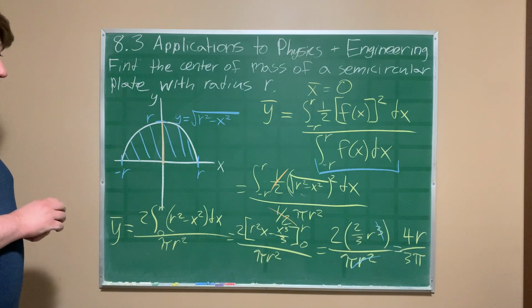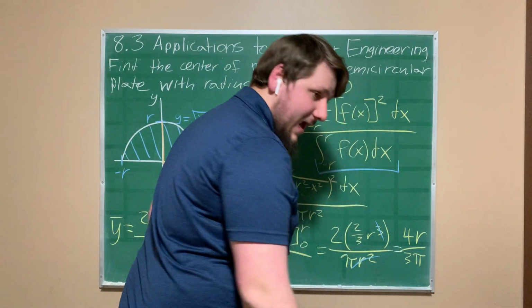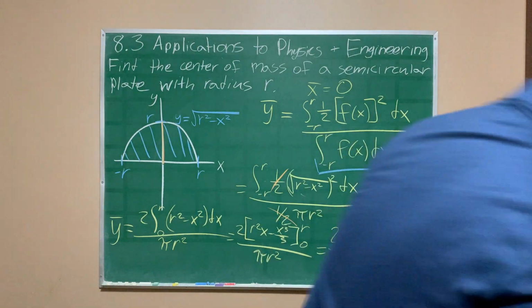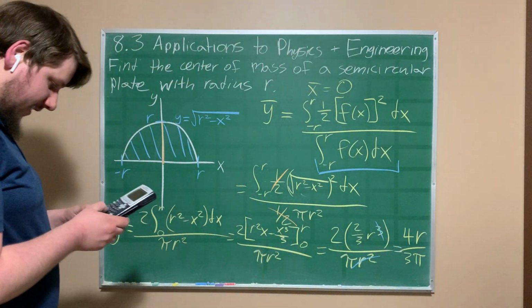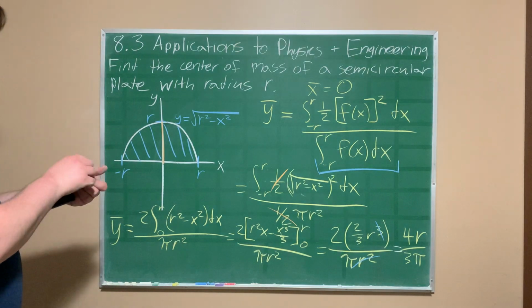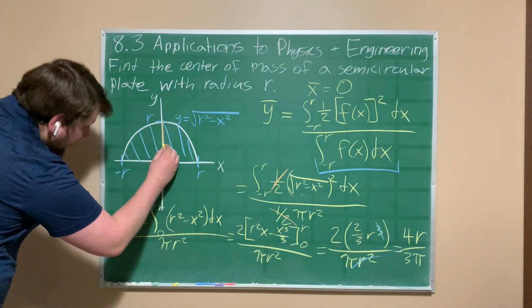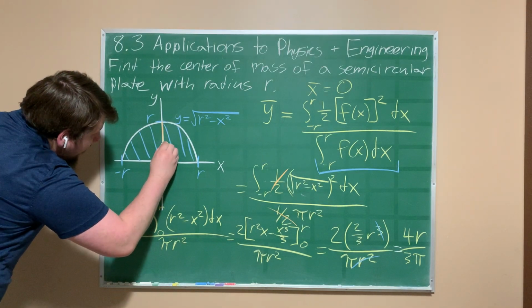Okay, so let's figure out approximately where this is. 4 over 3 pi is being multiplied by the radius. So 4 divided by 3 pi comes out to about 0.42. So we're going about 0.42 of the way to r here, meaning we end up right about there.